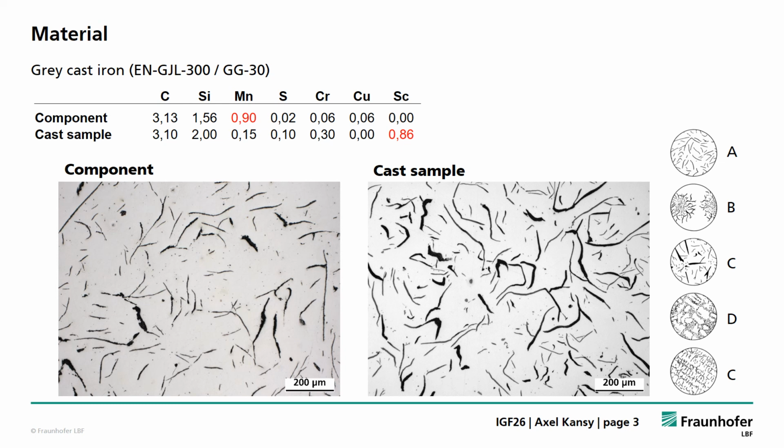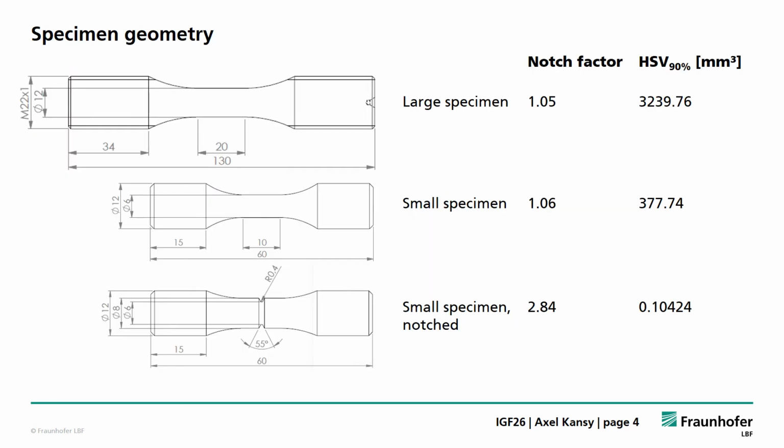For the fatigue test, we used three different specimen geometries. A large specimen with a notch factor of 1.05 and a highly stressed volume of 3,240 cubic millimeters. A small specimen with a notch factor of 1.06 and a highly stressed volume of 378 cubic millimeters.